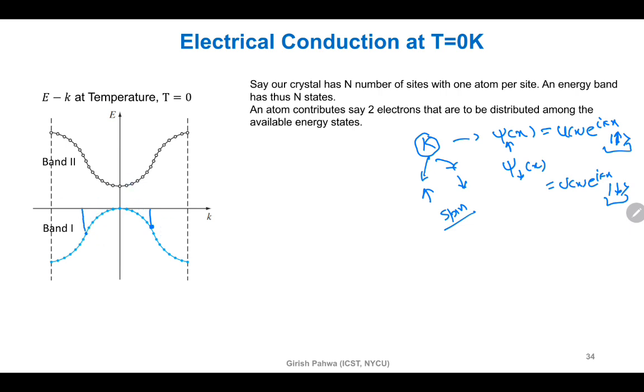Correspondingly, say I have a minus k, that can also hold two more wave functions with two different spins. So how many k values do I have? N. What is the total number of electrons I have? One atom contributes 2, so I have 2n electrons in total. And I have to distribute those 2n electrons among n k states.